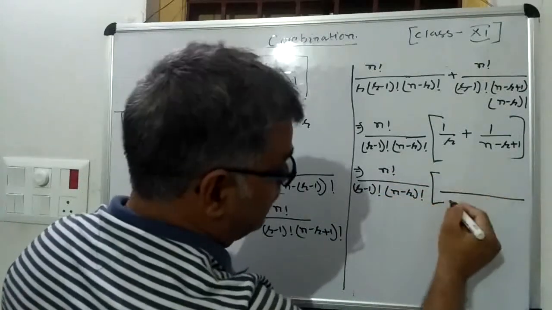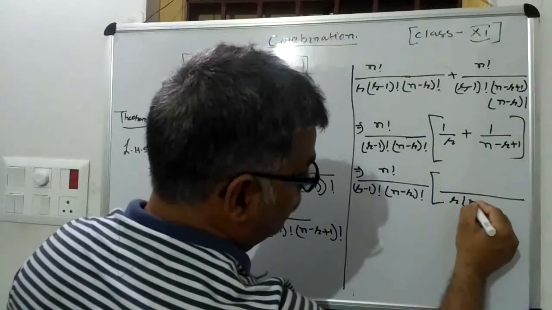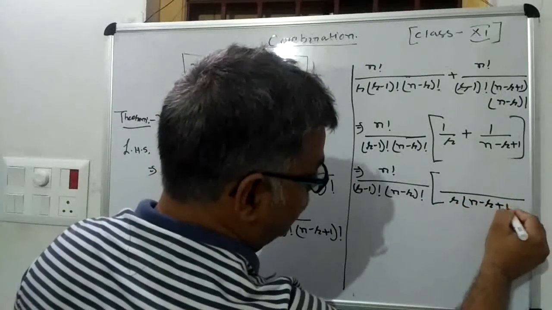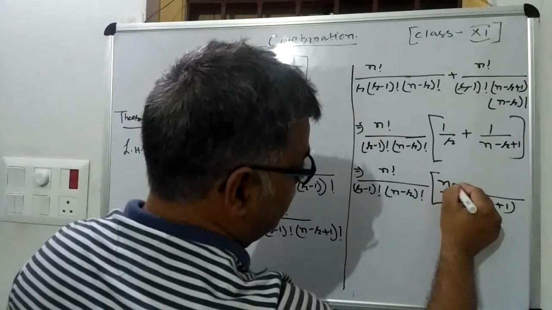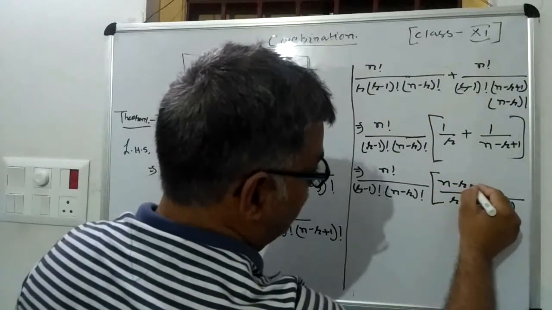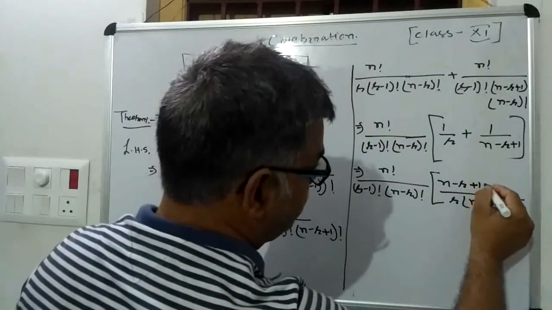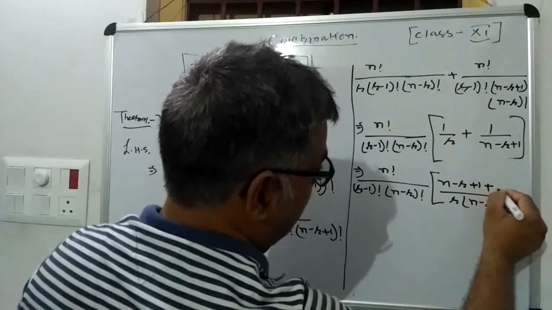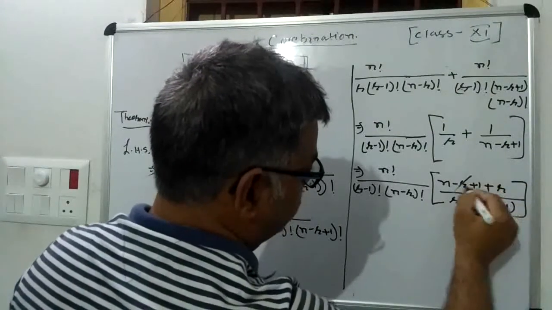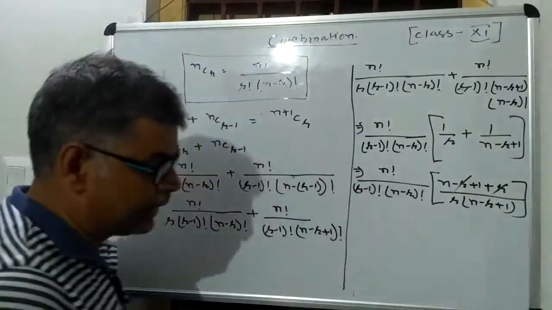Now taking LCM, r into n minus r plus 1, and there will be n minus r plus 1 plus r. So this minus r plus r will get cancelled.